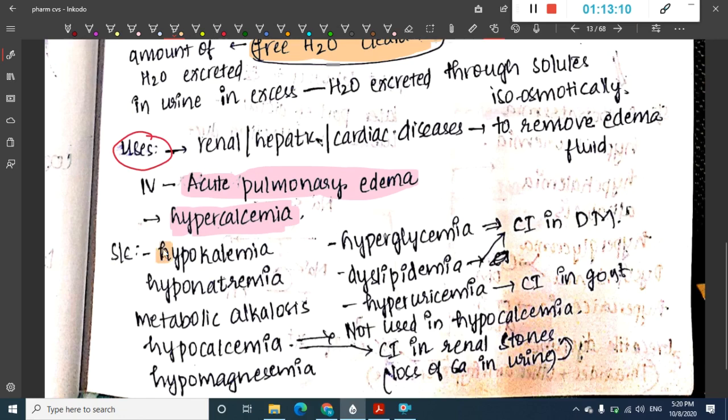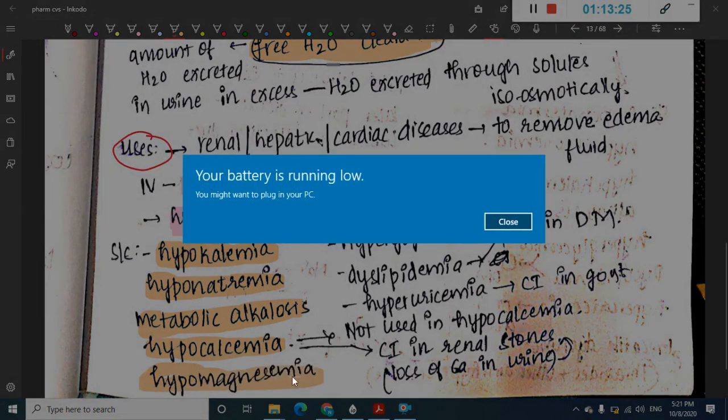Now what are the side effects? Because of loss of sodium, potassium and chloride, first it causes hypokalemia, hyponatremia, metabolic alkalosis. There is also loss of calcium, so it causes hypocalcemia and hypomagnesemia.